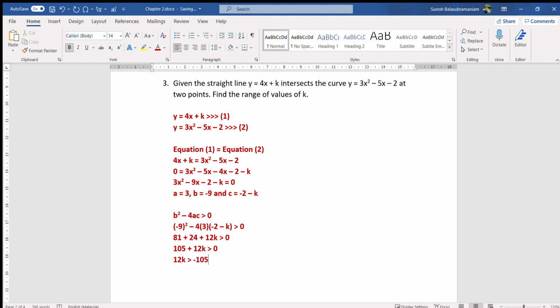Bring the 105 from left to right, and then you get k is more than negative 105 over 12. Okay, so we can simplify this. We can divide the fraction by 3. So we get k is more than negative 35 over 4.